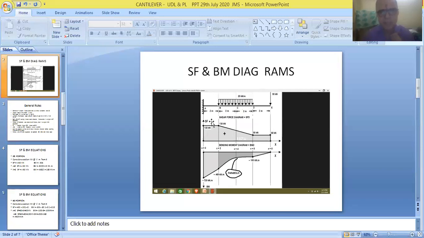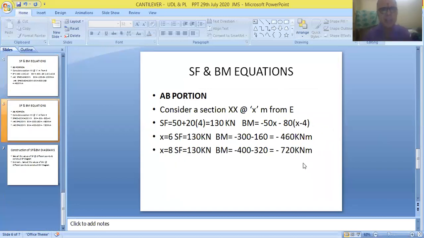So total distance is x meter, and this distance is equal to 4 meter. So finally it is written as 80 into x minus 4. The magnitude of the load is 80 and the distance is to be taken as x minus 4 meter.